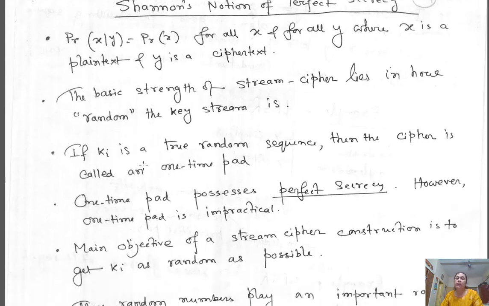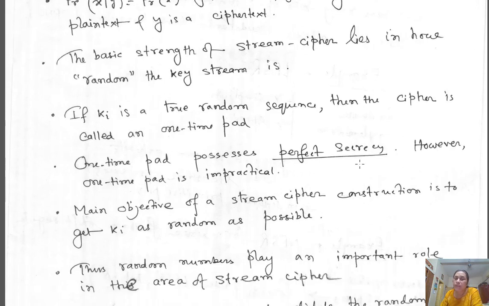If k_i is a true random sequence, from the key k you are generating the key stream k1, k2, and so on, an infinite sequence, and this sequence is truly random, then the cipher is called one-time pad. And one-time pad possesses perfect secrecy. However, this is impractical. Already we have mentioned why it is impractical.